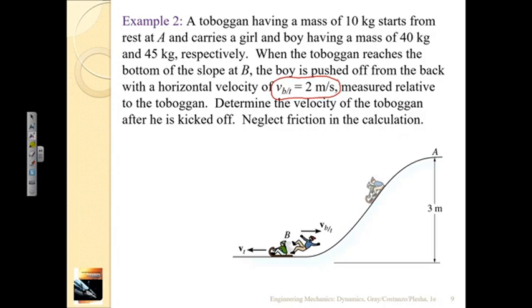So we have to do a relative velocity. I can write the velocity of the boy as the velocity of the toboggan and the velocity of the boy relative to the toboggan.